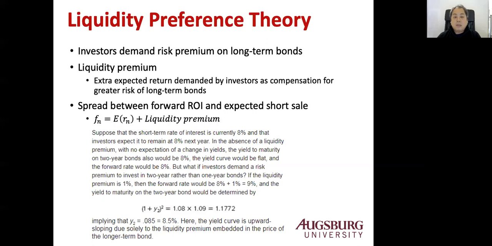Then your 2-year rate will be 8.5% based on the expectation hypothesis, which means it's a little bit higher than the 1-year rate because of the liquidity premium. Makes sense, right? So the yield curve will be upward sloping because the liquidity premium is in the price of the long-term bond.